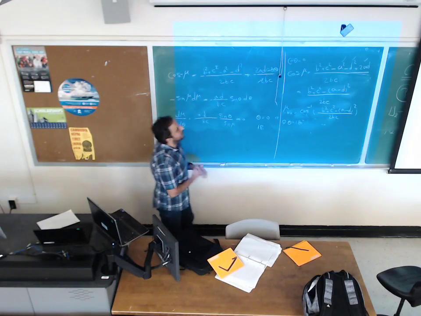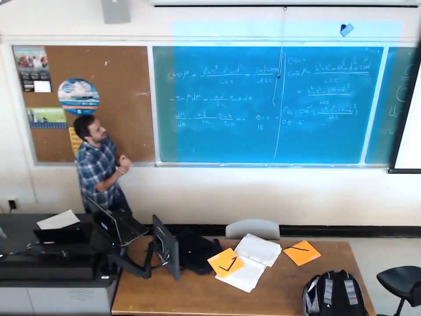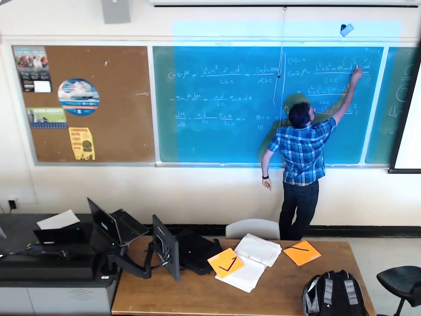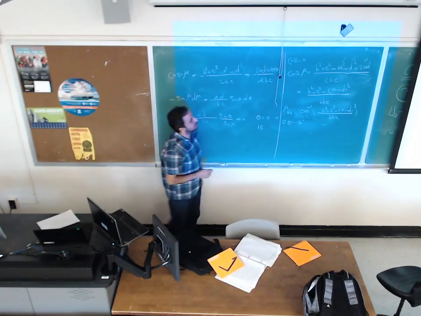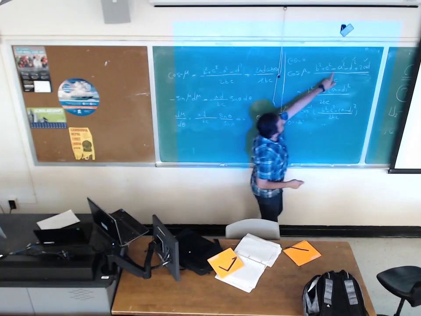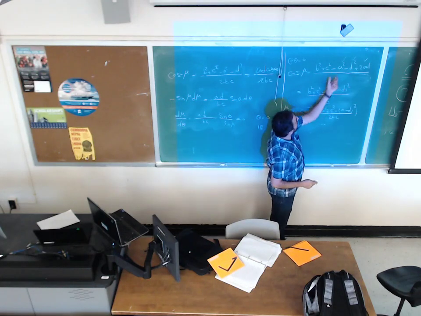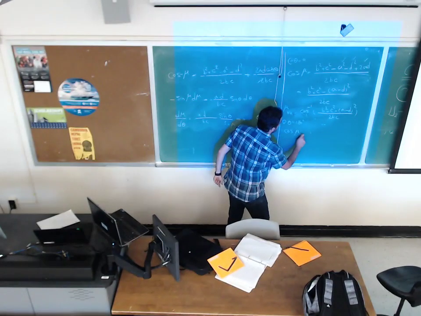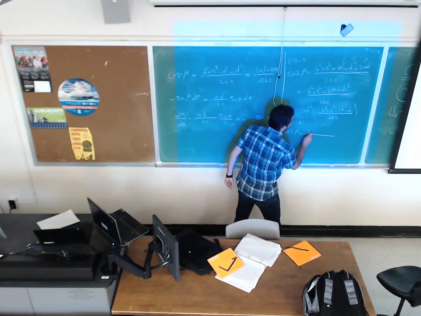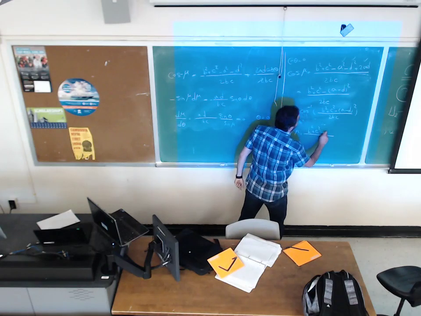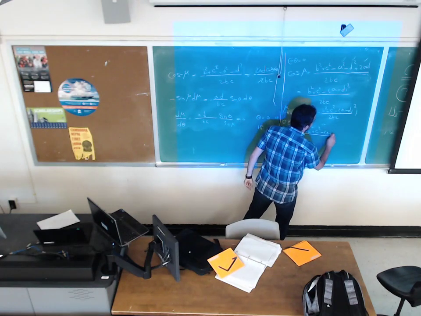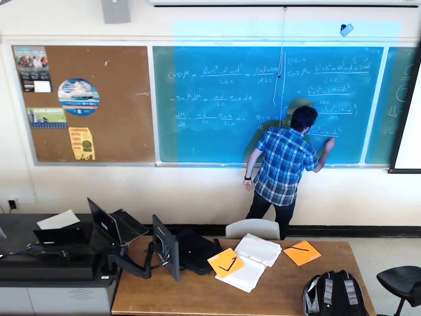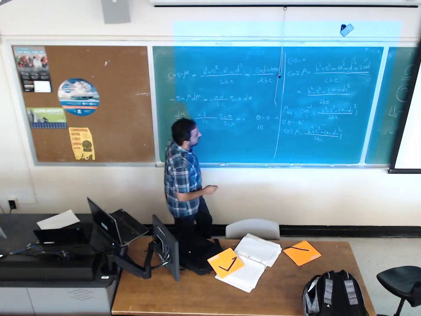Cosine of 180 is negative 1, so this 2ab is going to change to negative 2ab. I can write cosine of mu equals to b squared plus c squared minus a plus b squared.